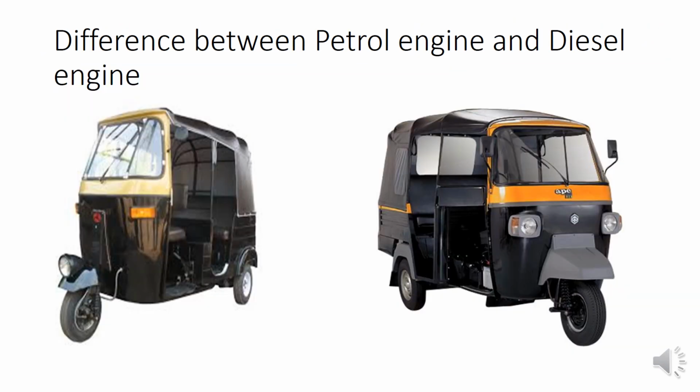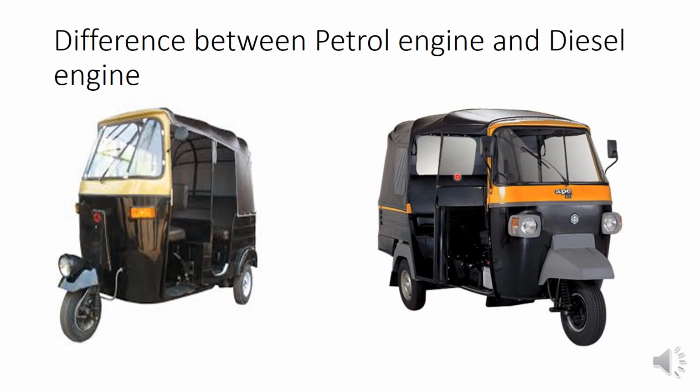Now an easy way to remember these points is just to compare two auto rickshaws. You might have traveled in these two auto rickshaws. One is a Bajaj auto rickshaw, which is a smaller one. It runs on petrol and it's a petrol engine. And also you have traveled in the bigger auto rickshaws like Ape, Mahindra Alpha or Tata Ape.